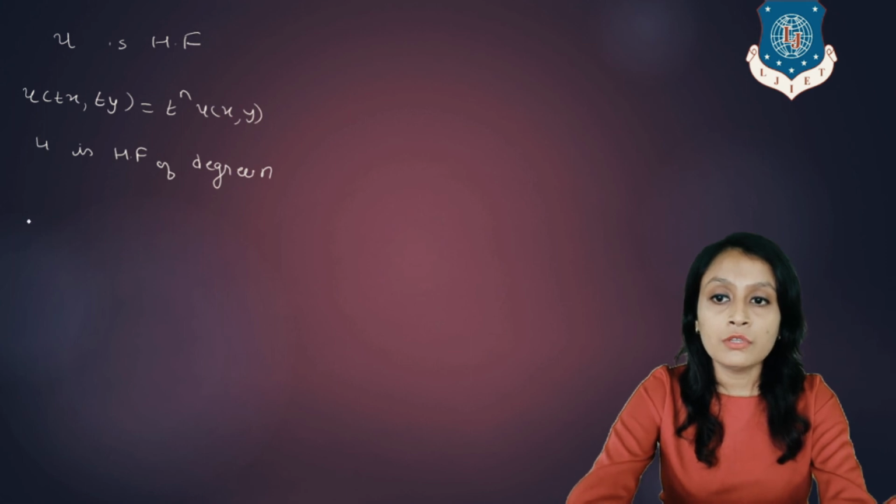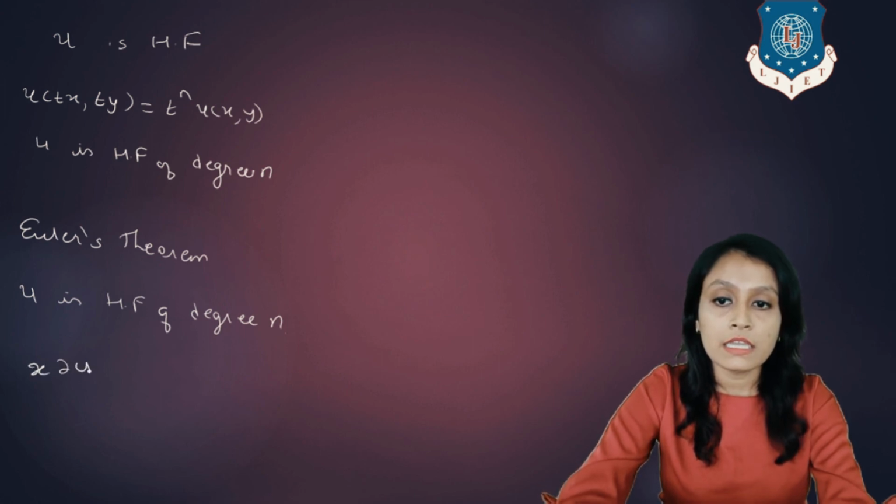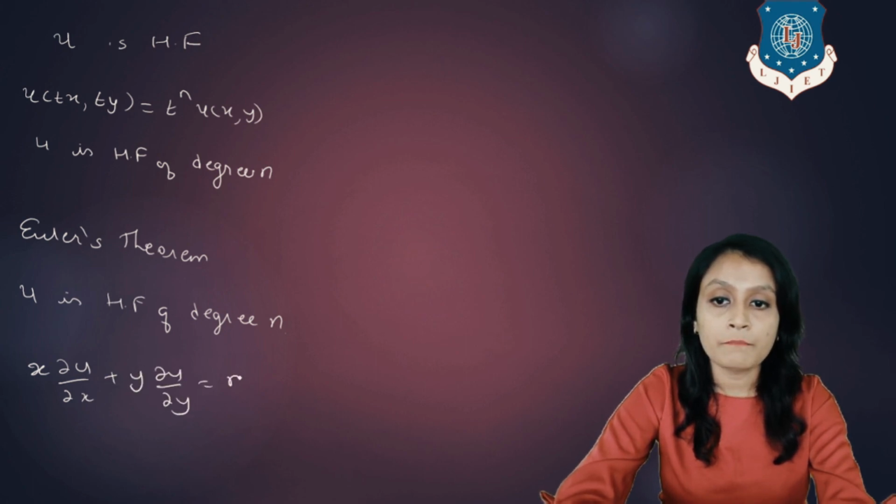Now, Euler's theorem. Okay, so in this theorem, what we have studied? So we have to take u, which is a homogeneous function of degree n. And if we want to find this x del u by del x plus y del u by del y, so the answer will be nu.